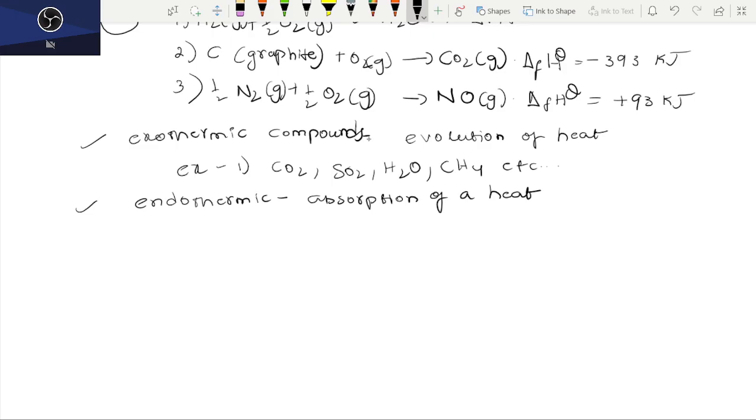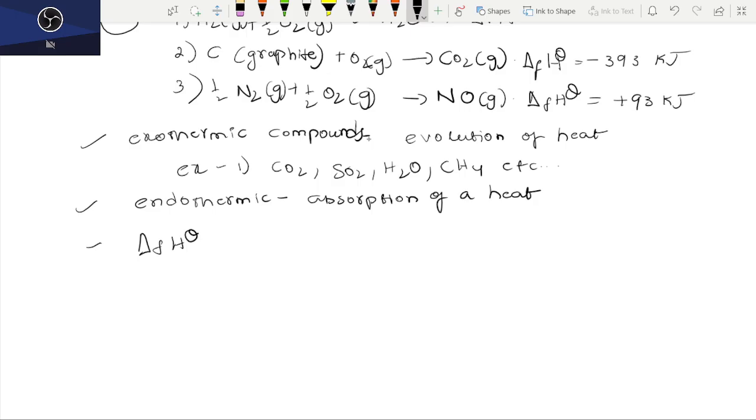Now, you know that delta fH naught is nothing but the standard enthalpy of formation. For an element in the standard state, it is arbitrarily taken as 0 in the elemental state.